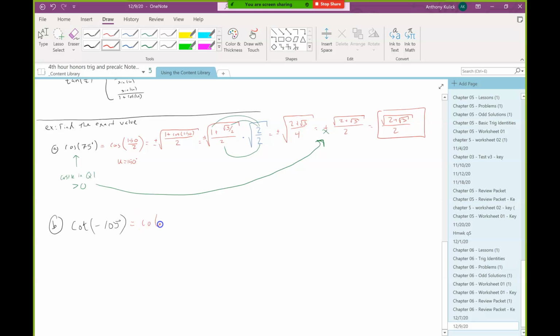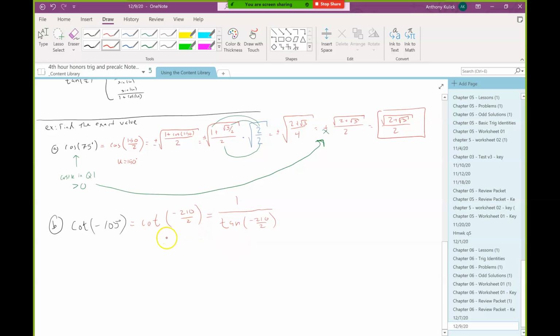I know this is the same thing as cotangent of negative 210 divided by 2. And I don't have a half angle identity for cotangent, but I do have one for tangent. Just going to use my reciprocal identity to write this as 1 over the tangent of negative 210 over 2.